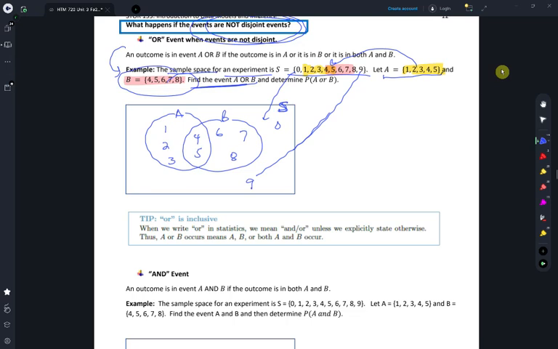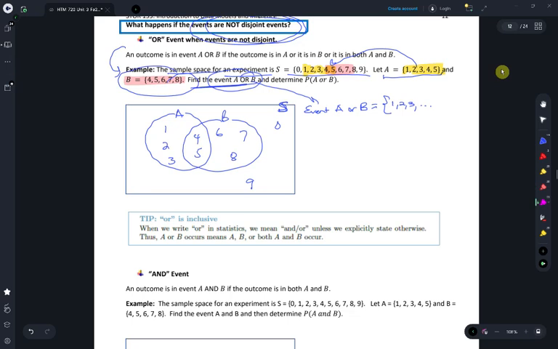So I'll put them in the box for the sample space. Then I can proceed to find the points in event A or B. What numbers are in A or B? As I'm shading, you might notice that that will be 1, 2, up to 8.